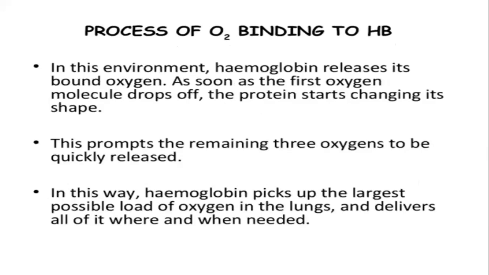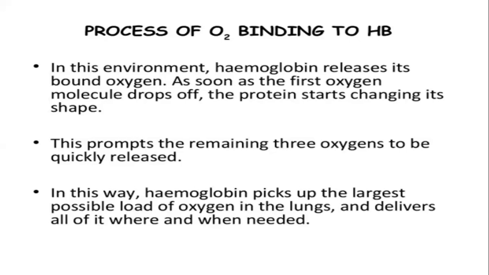When the bound oxygen gets to the tissues, as soon as the first oxygen molecule drops off, it is automatically a reversal of what we saw. The next oxygen also drops off quickly, and this allows hemoglobin to release oxygen much more easily and promptly to tissues.